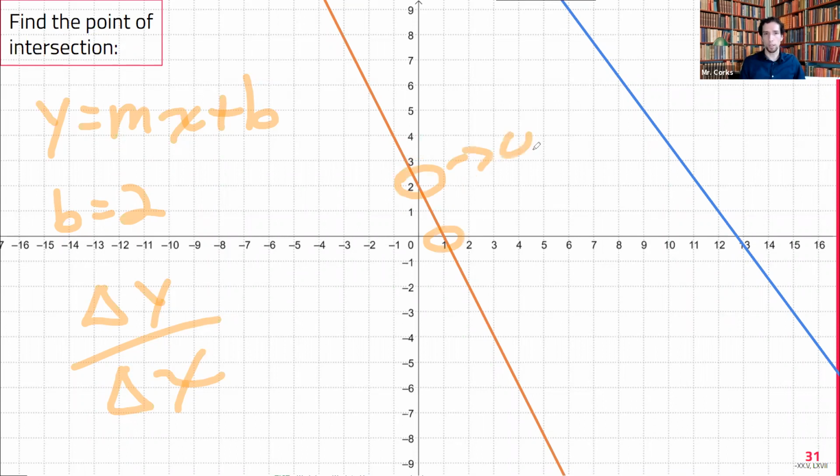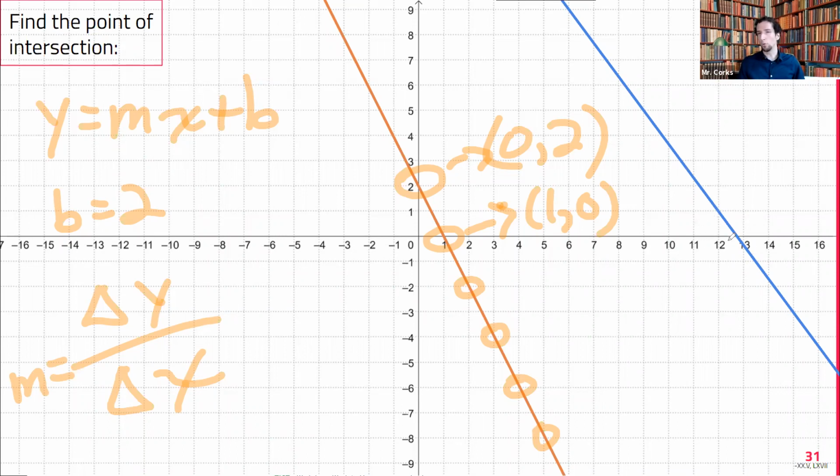This is point 0, 2, and this point here is 1, 0. Very easy points to work with. Or any other points we want. Any 2 points will let us do our slope formula, delta y over delta x, and that will give us the slope. There's m, there's b, we have the equation.